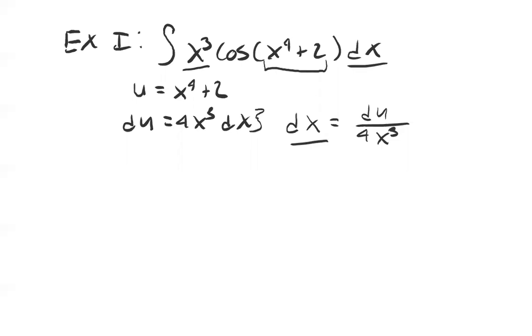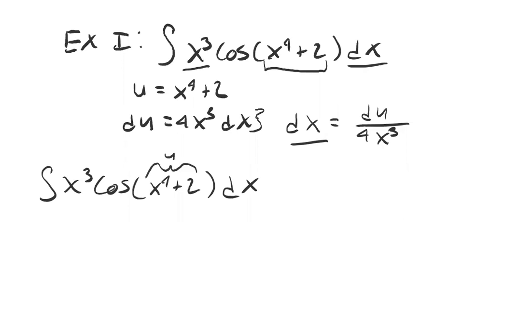So what I'm going to get is the integral of x cubed cosine of x to the 4th plus 2 dx. Let's go ahead and plug in all the things we have. You'll notice that x to the 4th plus 2 is u, and we plug in for dx here. So this is equal to the integral of x cubed cosine of u, and dx is now du divided by 4x cubed.